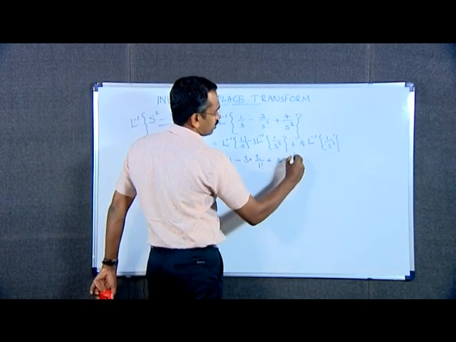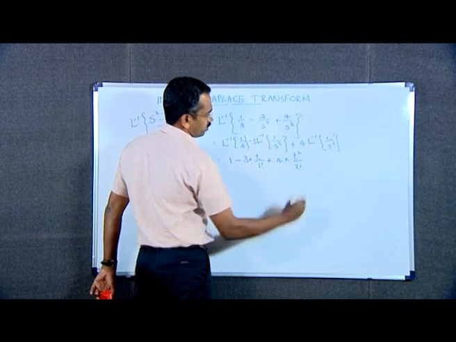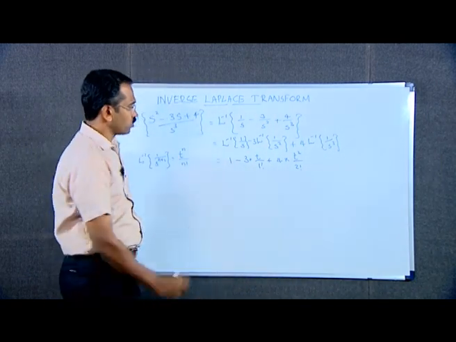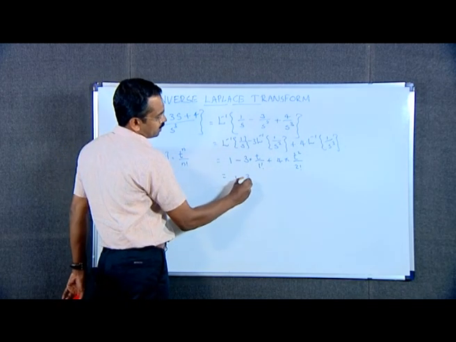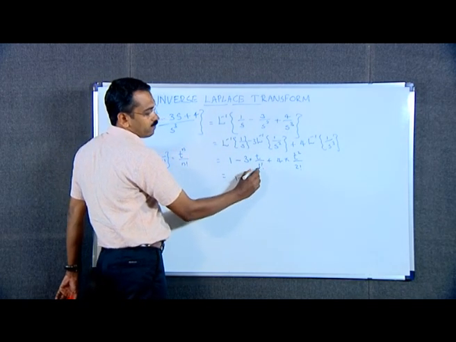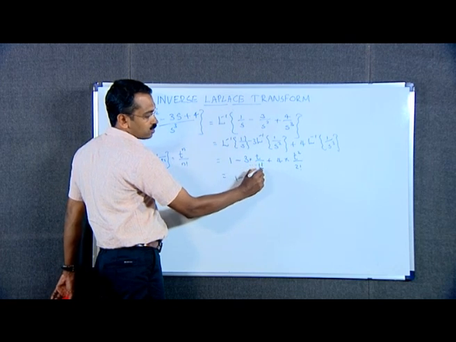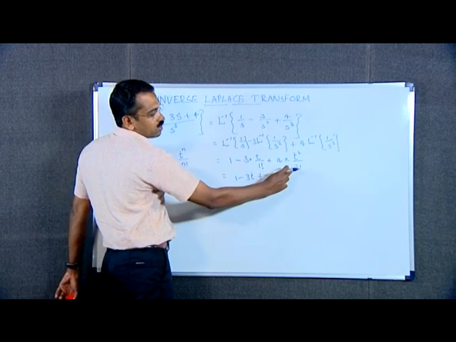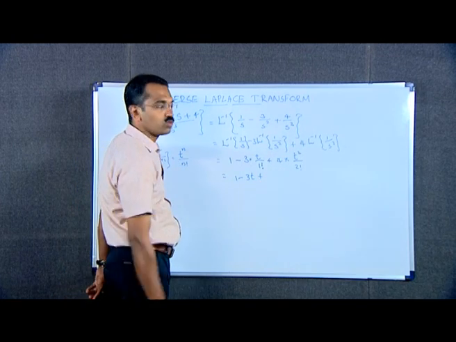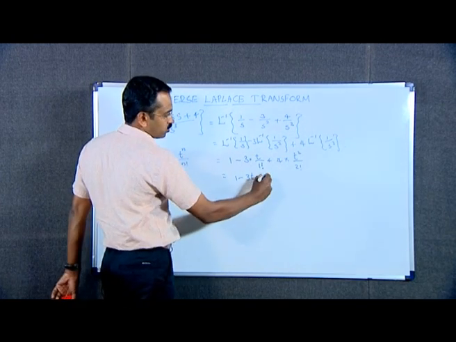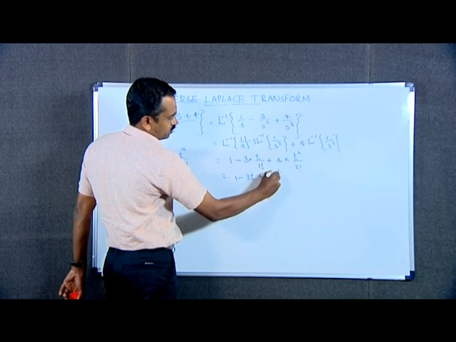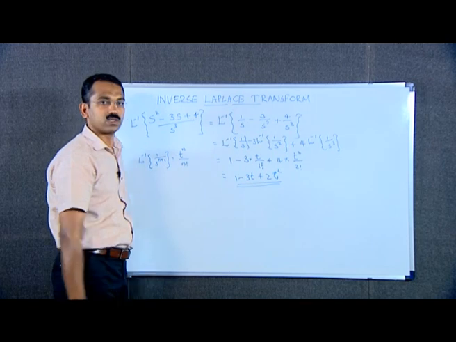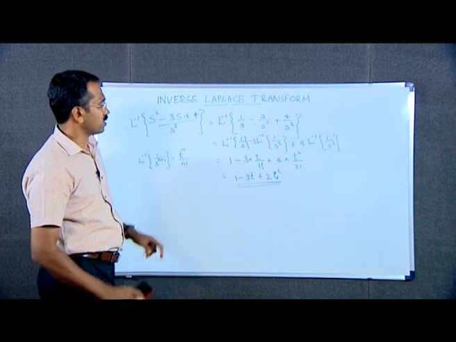This is equal to 1 minus 3 into t by 1 factorial, which means 1. Therefore, this term is minus 3 into t, plus 4 by 2 factorial, that is 4 by 2, means 2 t square. This is the required inverse Laplace transform of this function.